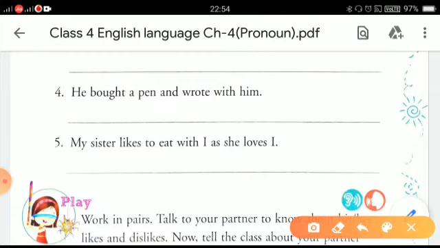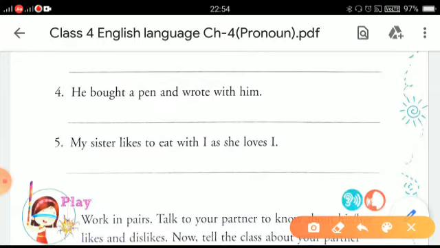We cannot use him for a lifeless object, that is a pen. So what will be the correct pronoun for pen? Let's read. He bought a pen and wrote with it. We always use it for lifeless objects.